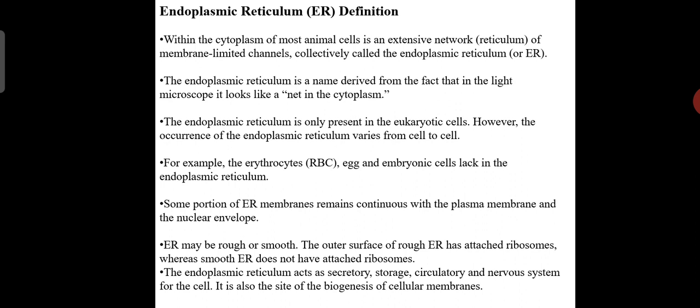ER may be rough or smooth. The outer surface of a rough ER has attached ribosomes, whereas smooth ER does not have any ribosome attachment. The endoplasmic reticulum acts as a secretory, storage, circulatory and a nervous system for the cell. It is also the site of biogenesis of cellular membranes.